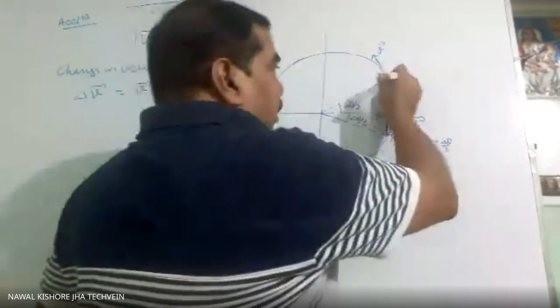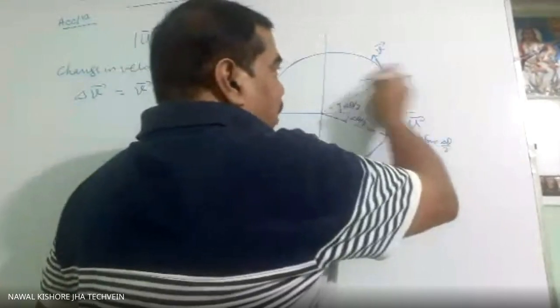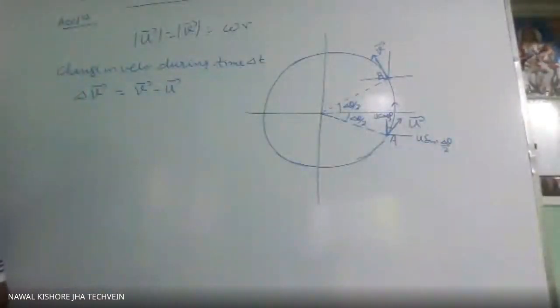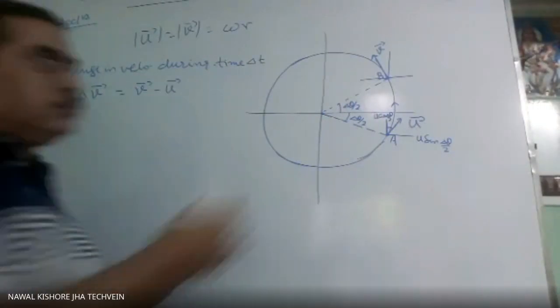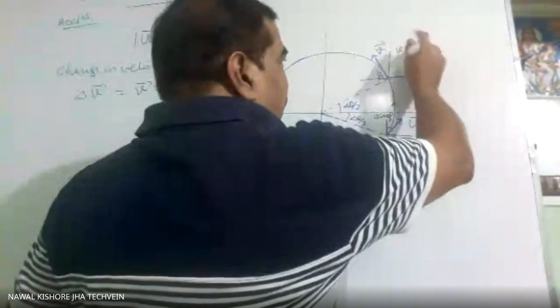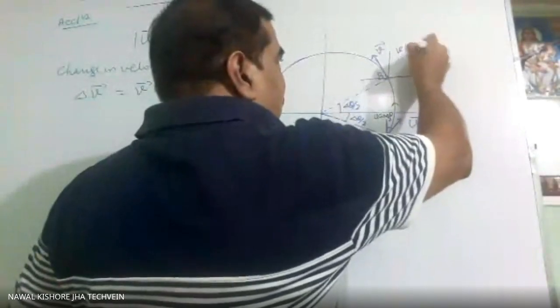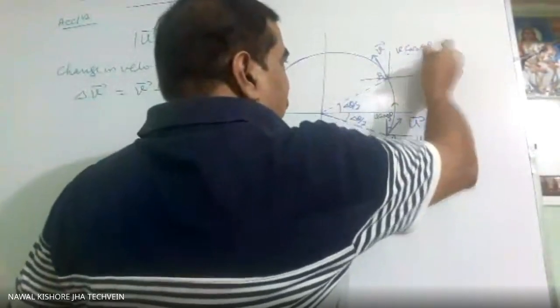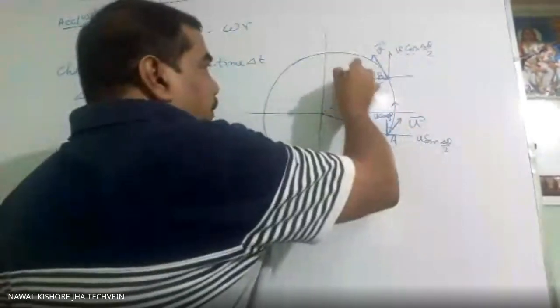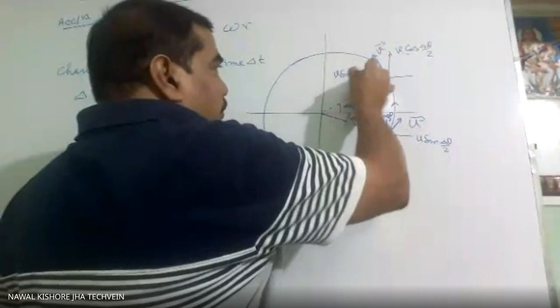Similarly here, one axis this one and other axis this one. So this component is v cos delta theta over 2, and this component is v sin delta theta over 2.